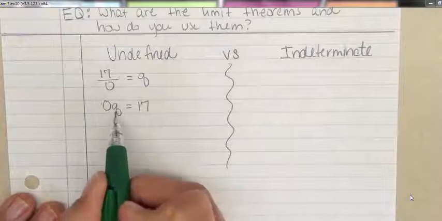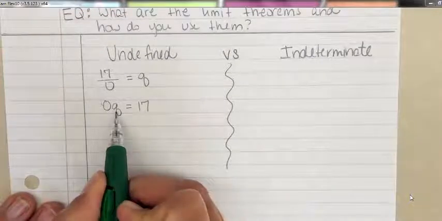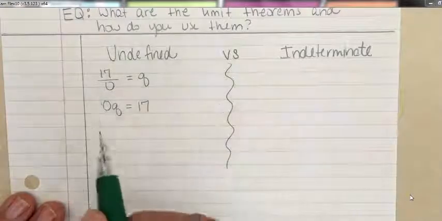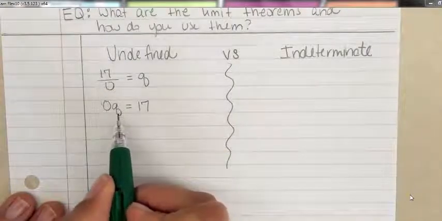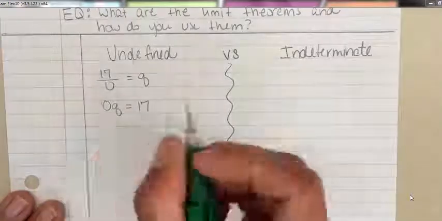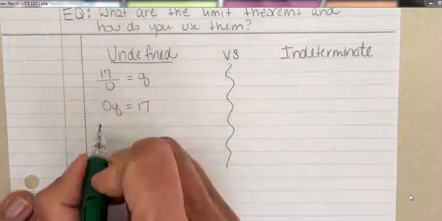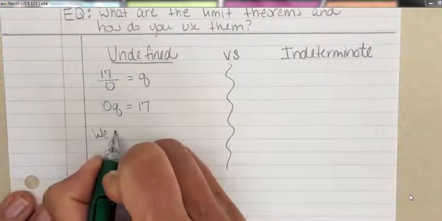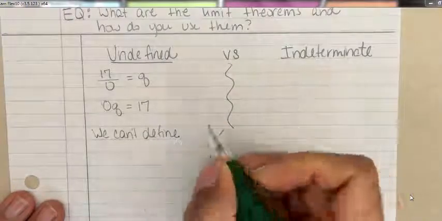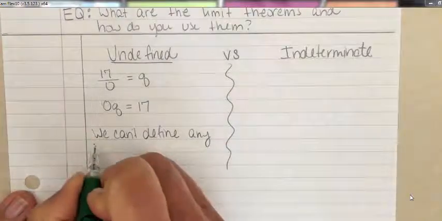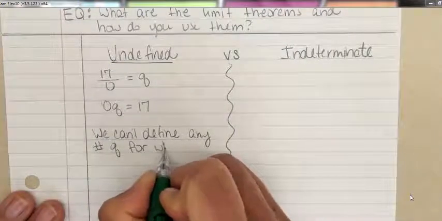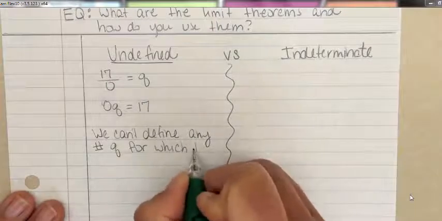Now, is there any number Q in this entire world that I can multiply by 0 to get 17? No. So there is no number that we can define for Q to make this a true statement. That's why we call this undefined. Undefined means we can't define any number in the whole wide world, Q, for which this is true.